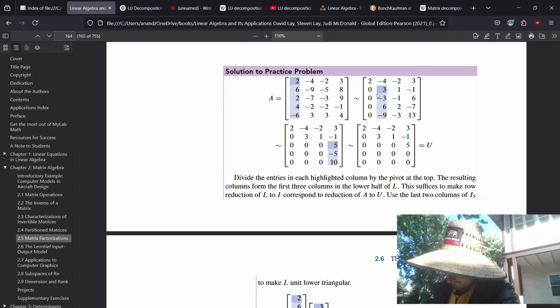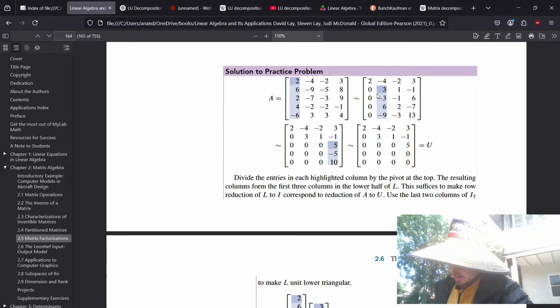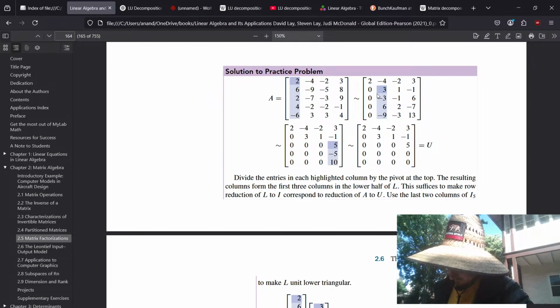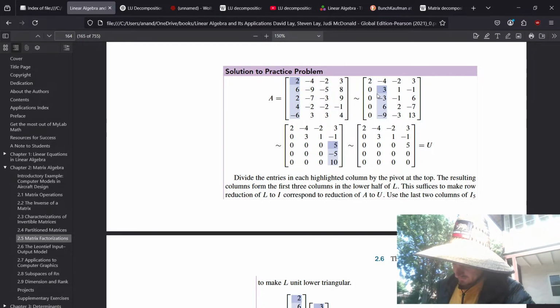Let me just write out the actual row operation. So R4 is equal to R4 minus 2 times R1.